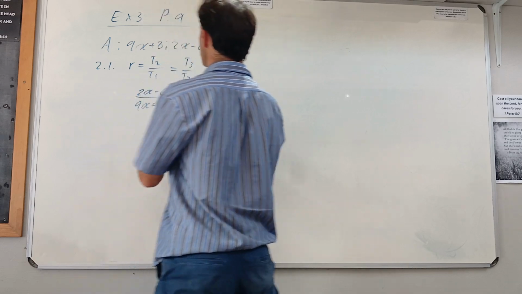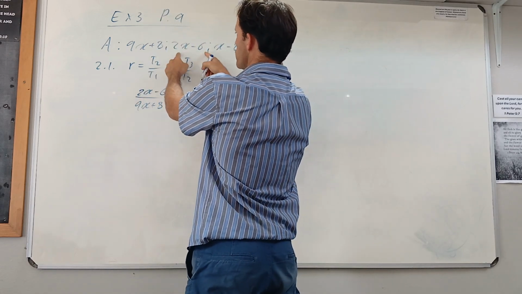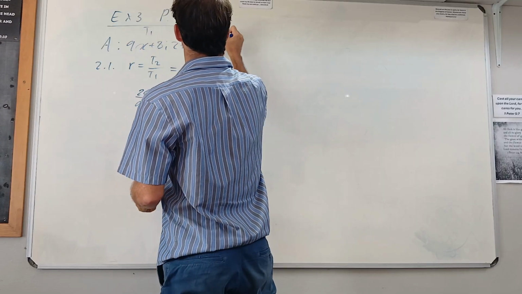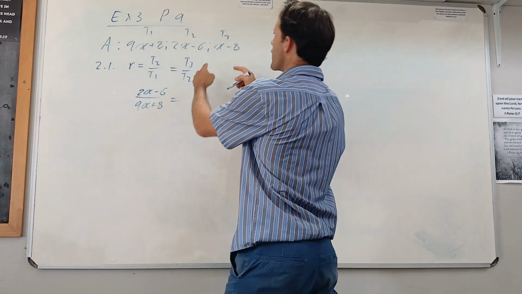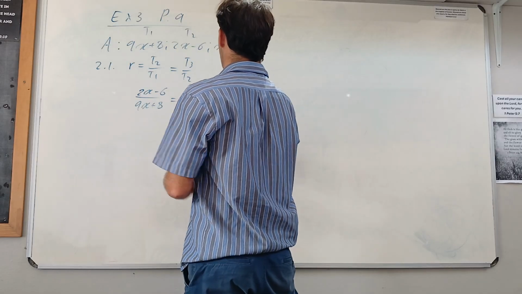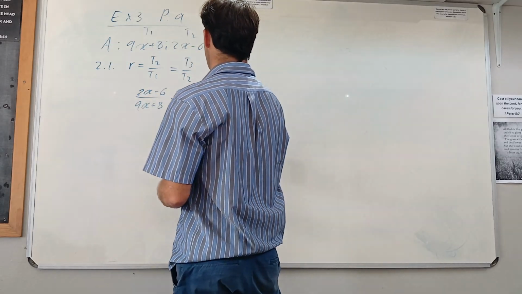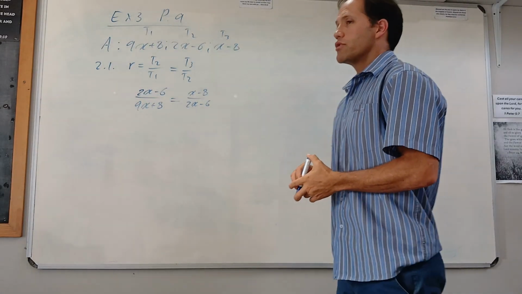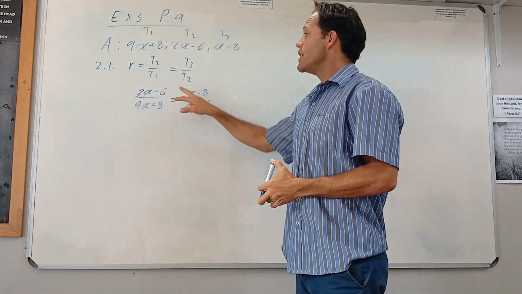I'm supposed to get the same, term 2 divided by term 1. You can write at the top term 1, term 2, term 3. Now if I take term 3, x minus 8, and divide it by term 2, 2x minus 6, I'm supposed to get the same answer.